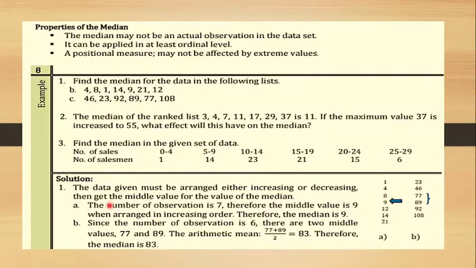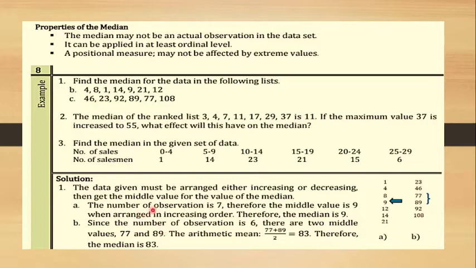So ito yung sa A, from lowest to highest in a range: 1, 4, 8, 9, 12, 14, and 21. So sa letter B, in a range starting from the lowest: 23, 46, 77, 89, 92, 108.